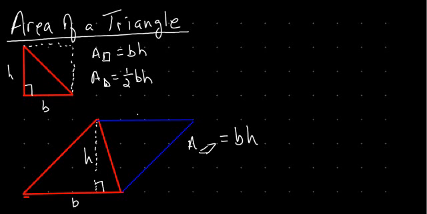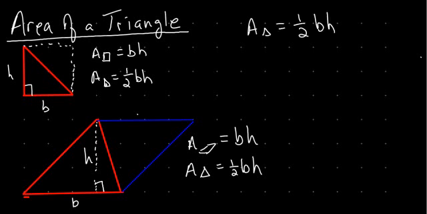So again, we see that the triangle we were initially looking at is half of that parallelogram, so the area of the triangle equals 1/2 base times height. So area of any triangle equals 1/2 base times height.